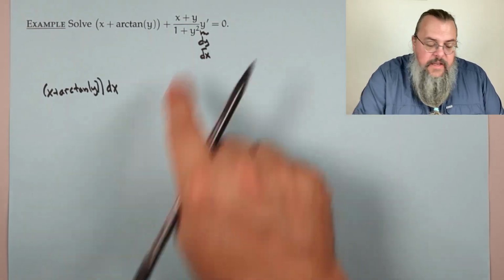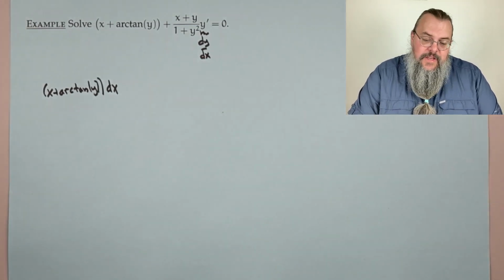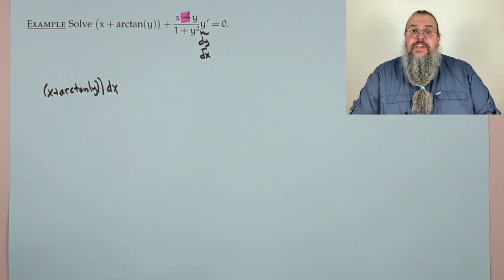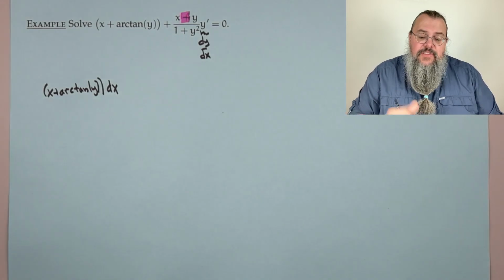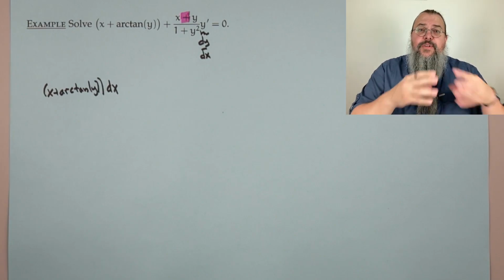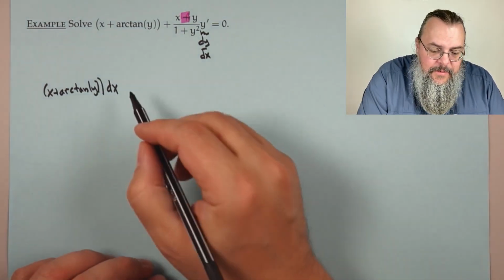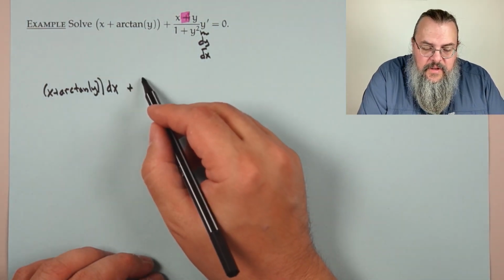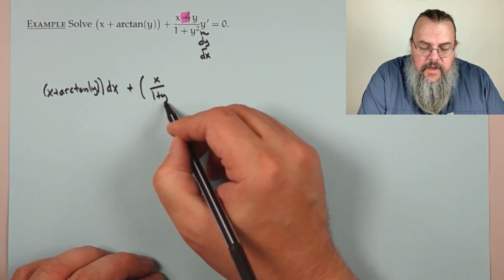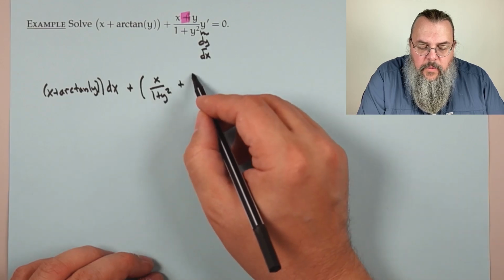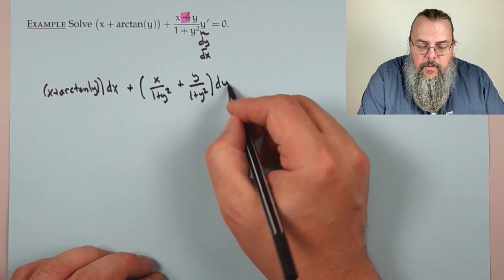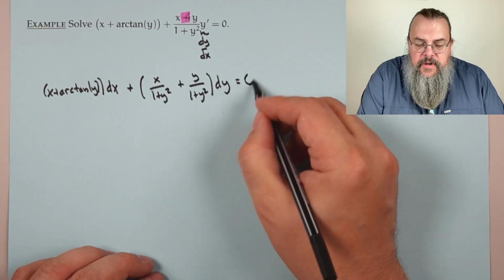Now, the next piece, I'm going to take advantage of the plus upstairs. A plus upstairs is a good plus, because that's the kind of plus we can use to separate. So I'm going to write this as plus x over 1 plus y squared plus y over 1 plus y squared dy equals 0.